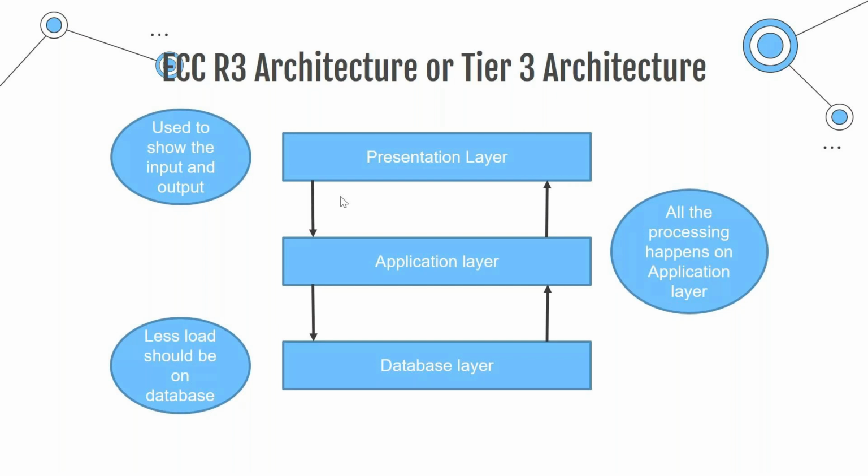Simple. If you want to extract any data from the database, the call goes from the application layer to the database layer. From the database layer, it will pick the data, then it will further move the data to your application layer.